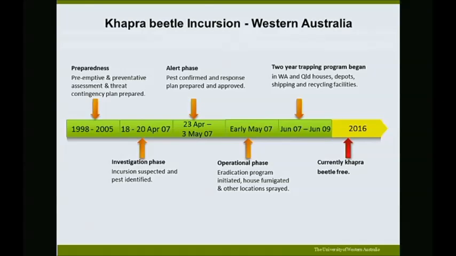And so on the 18th of April, the pest is discovered. By early May, they were into this quite expensive process of eradication, surveillance, fumigation, tracing forward, tracing back. And following that, they engaged in a 2-year trapping program just to double check that the pest had been eradicated. And so currently, as far as we know, we're Khapra beetle free. You can breathe easy.